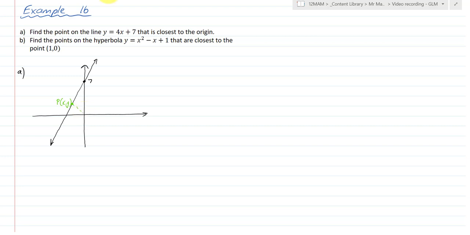So what we're trying to do is to minimize the distance between P and O, the origin. So we want to minimize D, and if you recall, the distance formula is the square root of (x2 minus x1) squared plus (y2 minus y1) squared. That's the distance formula between two Cartesian points.